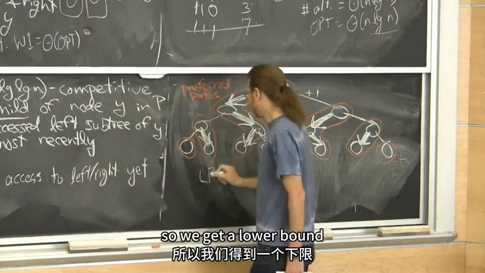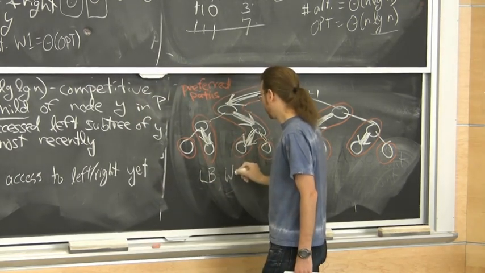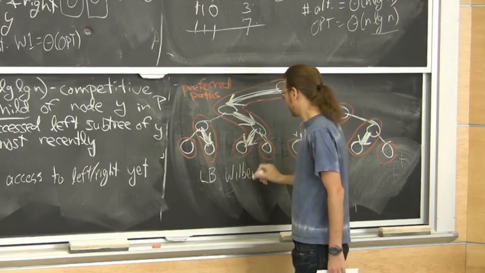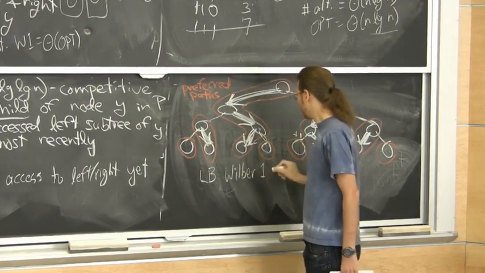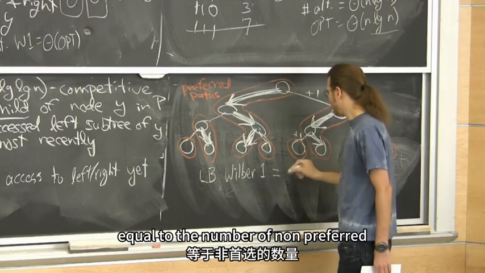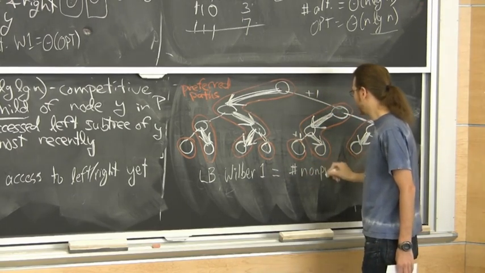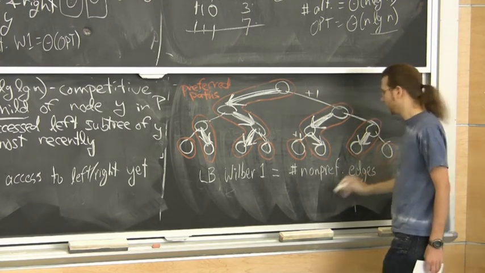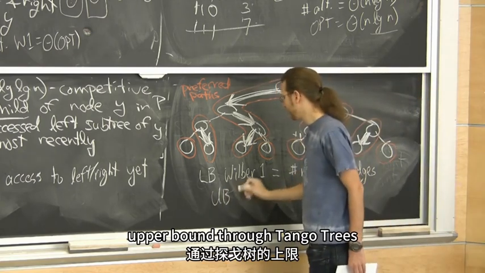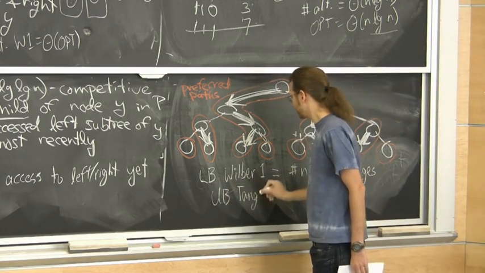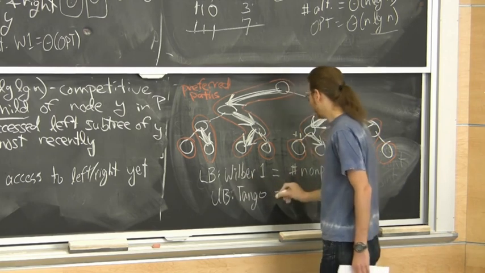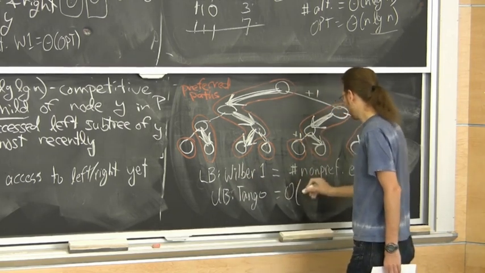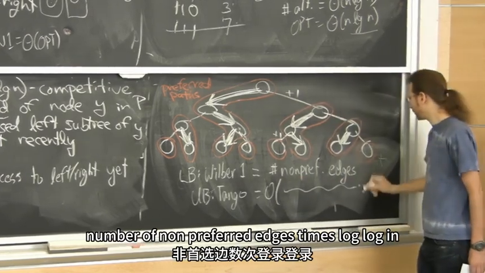So we get a lower bound, Wilber 1, which is going to be equal to the number of non-preferred edges. And we're going to get an upper bound through tango trees, which is going to be order number of non-preferred edges times log n.